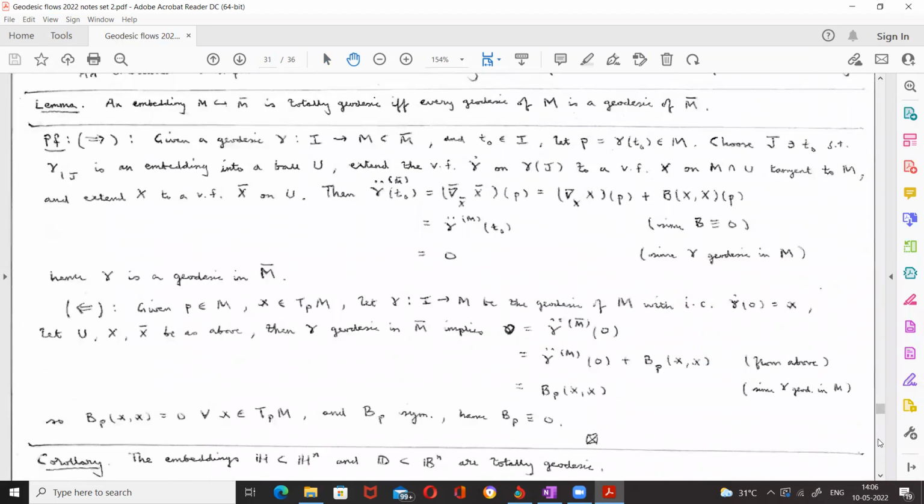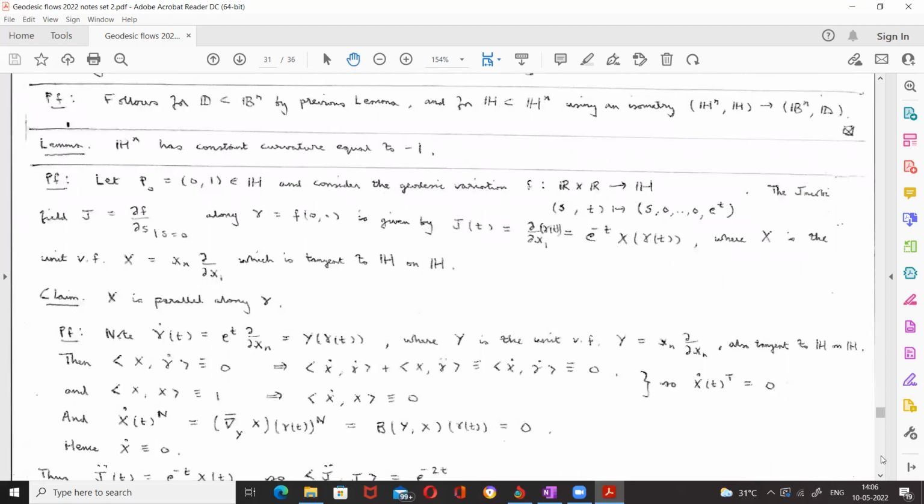Right. So we were talking about the hyperbolic n space Hn, right? And we saw that Hn has constant curvature -1. So the sectional curvature of all two planes is -1.